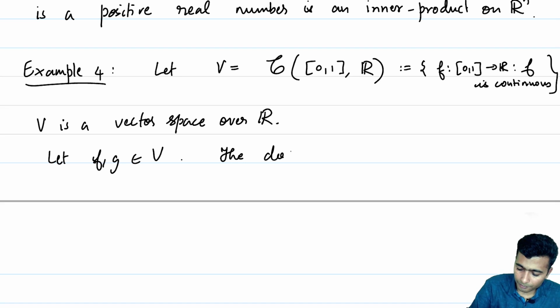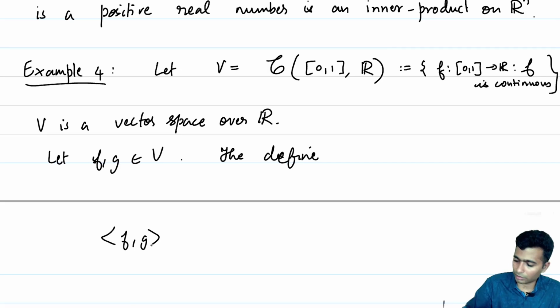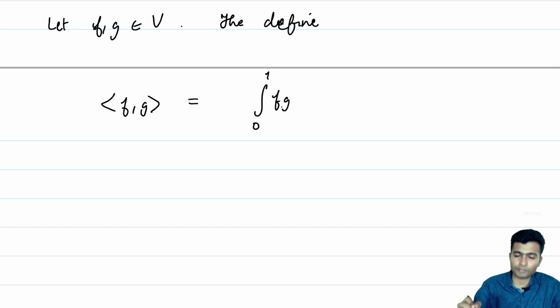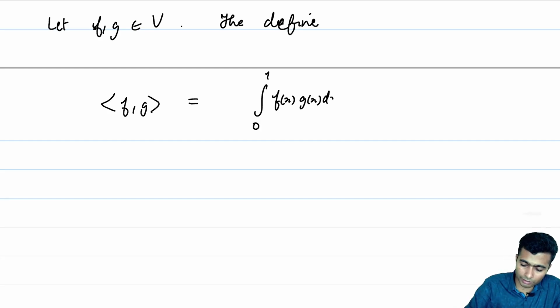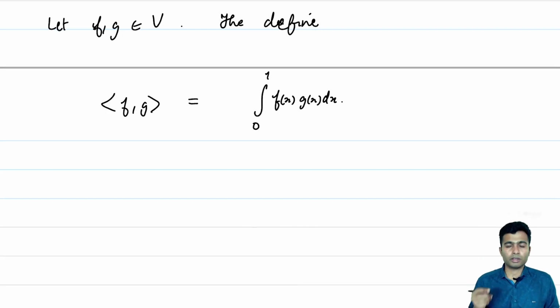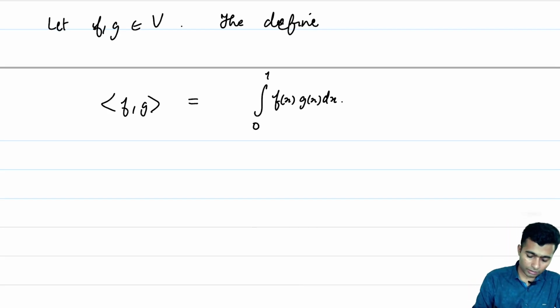Then define the inner product of f and g to be equal to the integral from 0 to 1 of f of x times g of x dx. So look at the integral of f times g from 0 to 1. It can be easily checked that all the properties hold, so I'll leave it as an exercise.